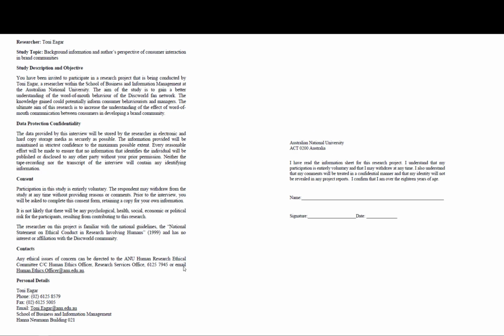So here are some examples of some cover letters that I have used in the past. These cover letters are part of the ANU's formatting requirements for academic research. I've provided a link to these on Wattle for you to see the kind of information that is required in a cover letter.